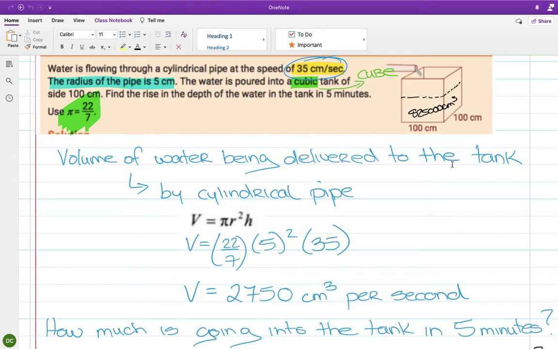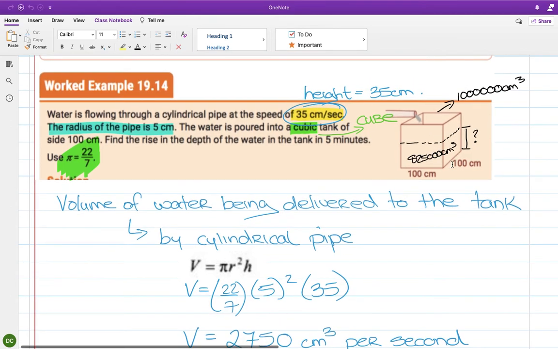And we want to know how much that has caused the water to rise. It's obviously not filled it, because 100 multiplied by 100 multiplied by 100, this tank holds 1,000,000 cm cubed of water. That's what it holds. And we're only at 825,000. So the tank is not full.